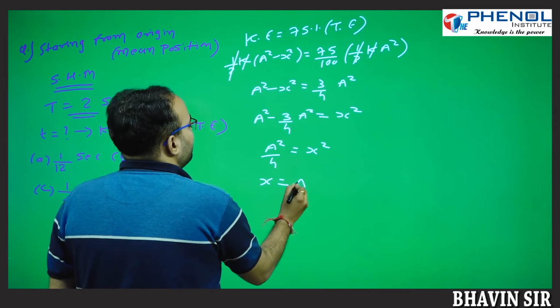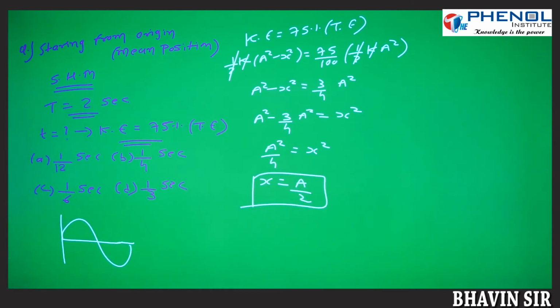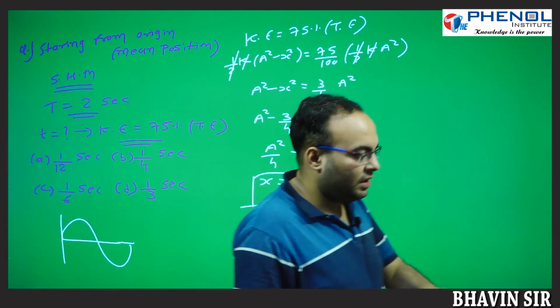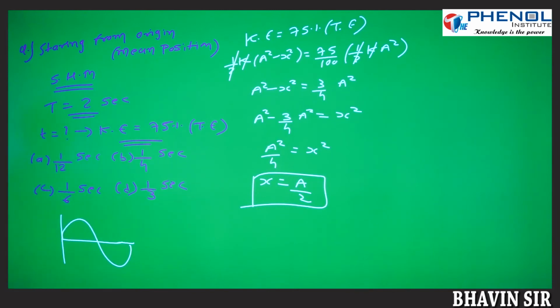Now take root. So what is X? X equals A by 2. So we get X, students, and X is A by 2. But we want to find time, students.